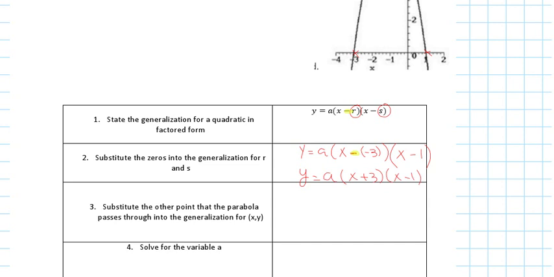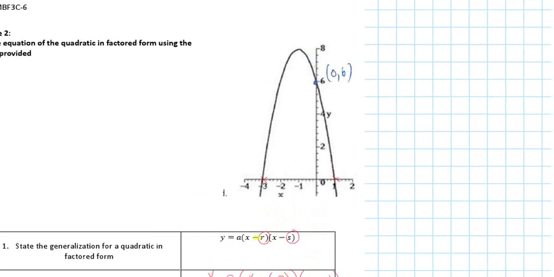A cannot be the letter a. I need to know what a is. So I need to find another point other than the zeros. Any other point on the graph that's clear, you're going to have to use it. So they gave me a point here. They gave me (0, 6). So I'm going to use that to solve for a.